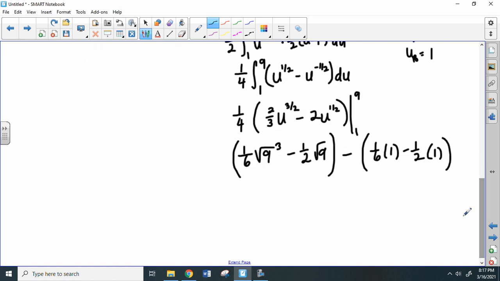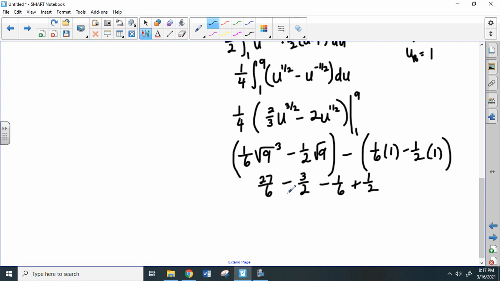All right, so now I just need to get my calculator brain going. All right, so the square root of 9 is 3. 3 cubed is 27. 27 over 6 will reduce in a minute. Square root of 9 is 3. Distribute the negative.